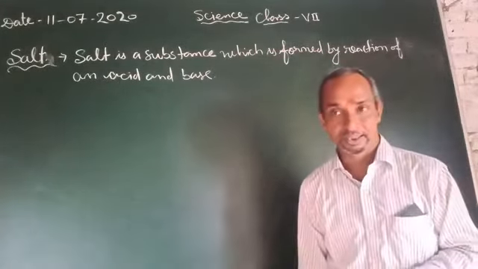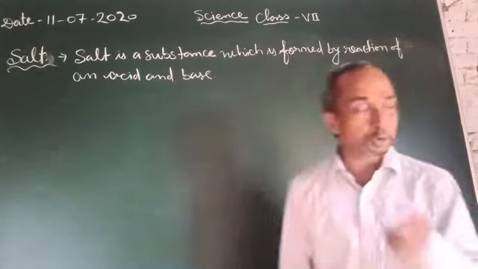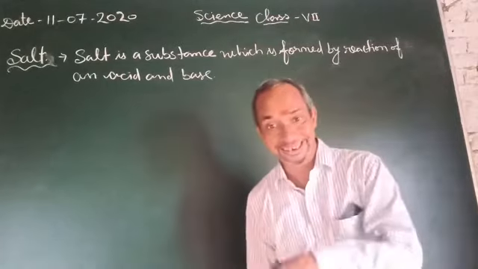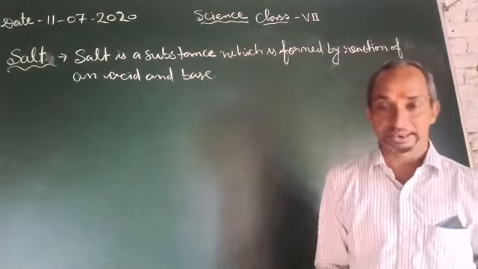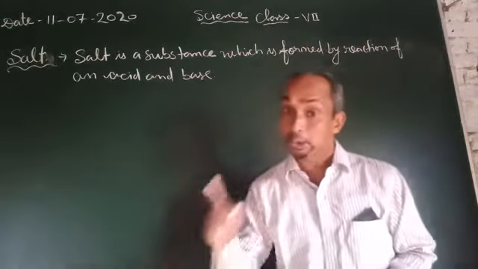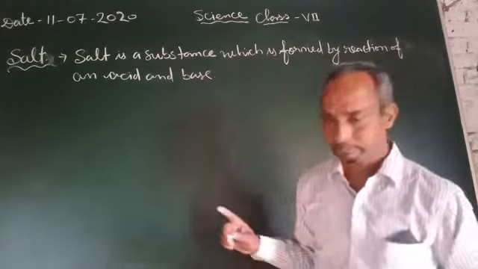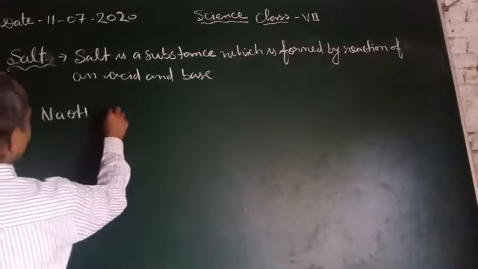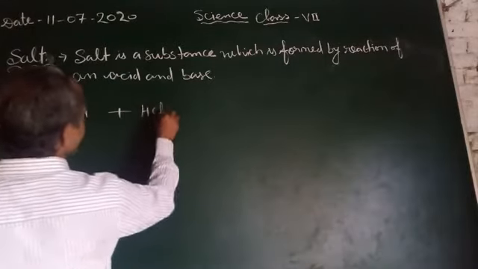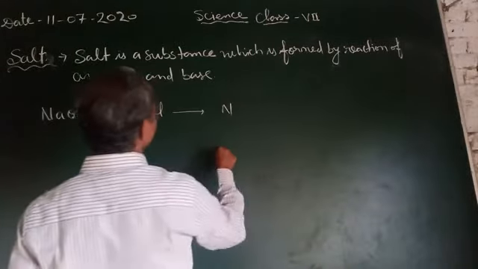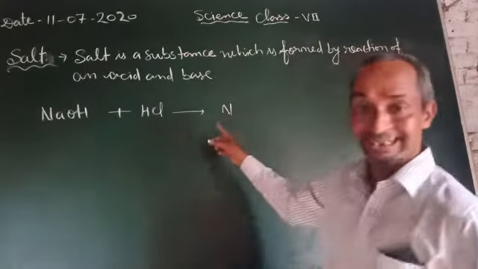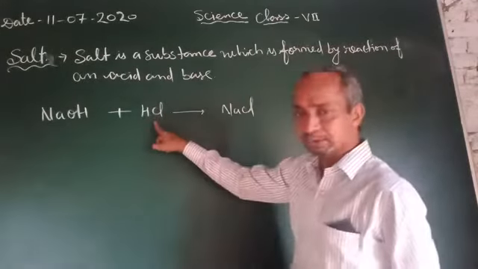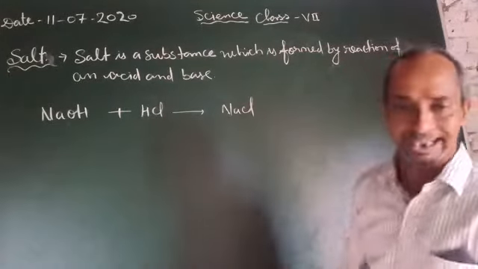Now the names and formulas of salts formed from some bases and acids. For example, sodium hydroxide NaOH is a base. Hydrochloric acid HCl reacts with it and forms sodium chloride, NaCl.